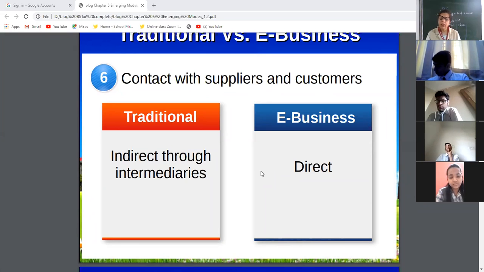The channel of distribution may be long, like some brokers or agents can also be there. Even it can be short, like direct from retailers, or if there are no retailers, direct from producer to consumers or to wholesalers. So generally traditional business, the old pattern of business, is indirect.